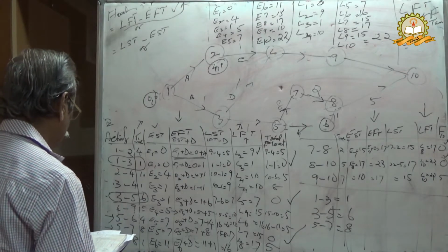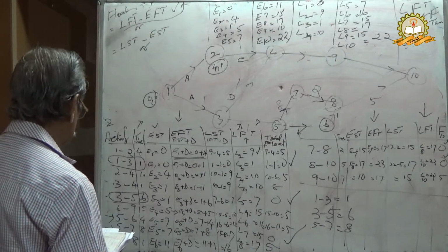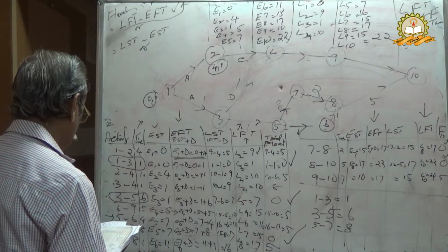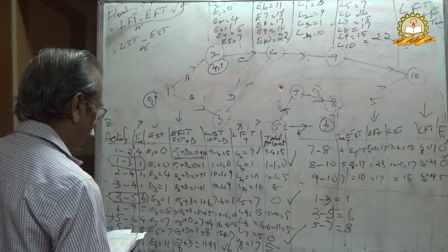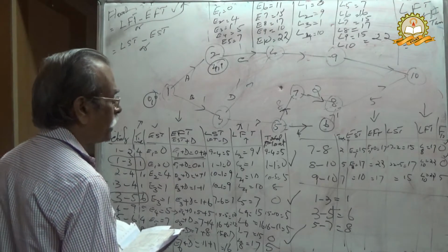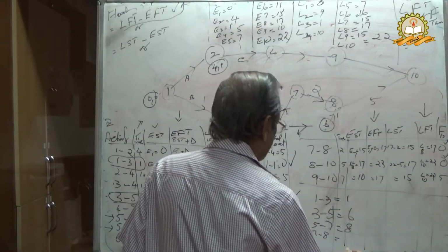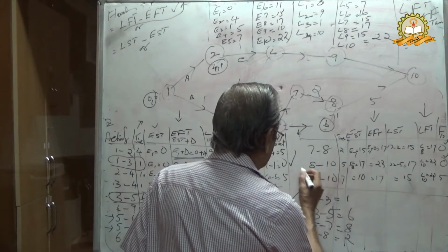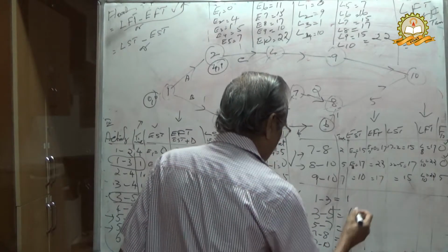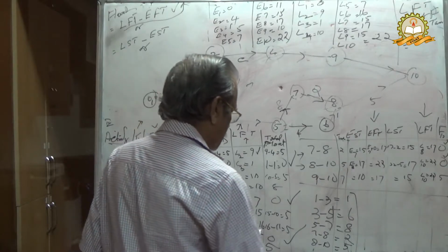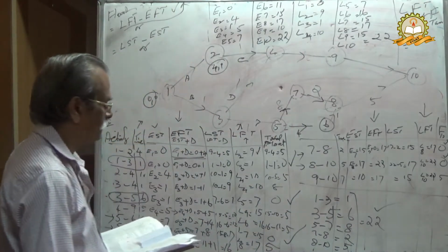Then you have 2 zeros, 7 8 equal to 2, and 8 10 equal to 5, equal to 22.